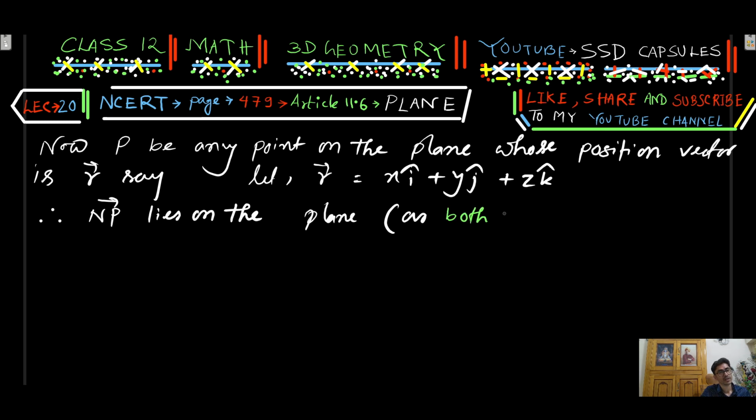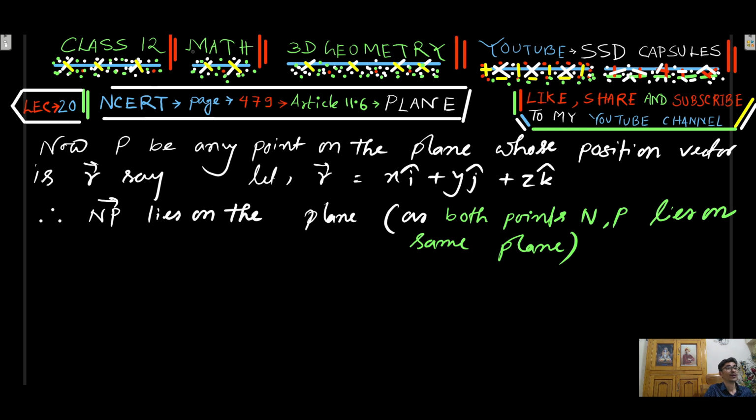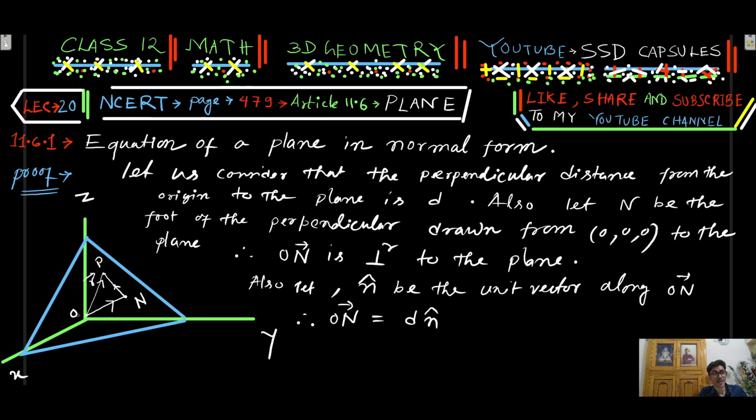Both points N, P lie on the same plane. Very simple. Now NP vector lies on the plane and ON vector is perpendicular to the plane.